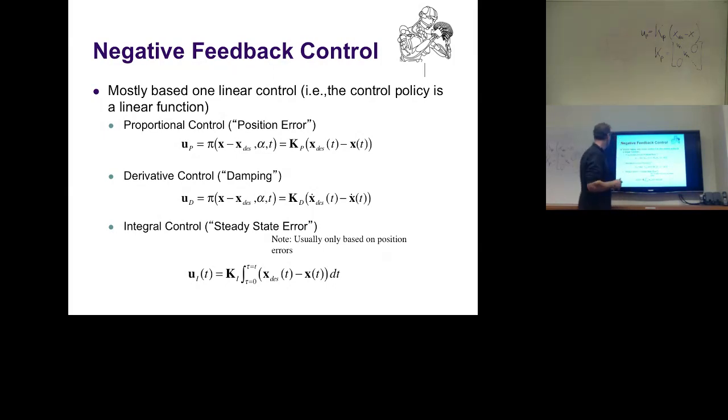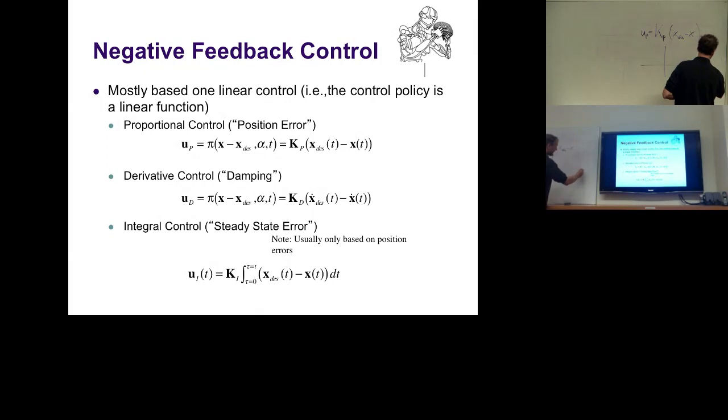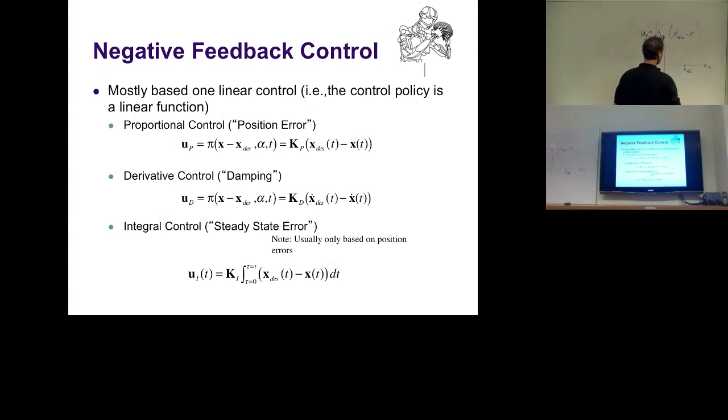So what is this thing doing? Let's look at this idea for one moment. Oops, I erased too much. If you are a very simple system here, living on this axis x, and let's make this here your x desired. Okay? Now let's assume you're currently here at this point.